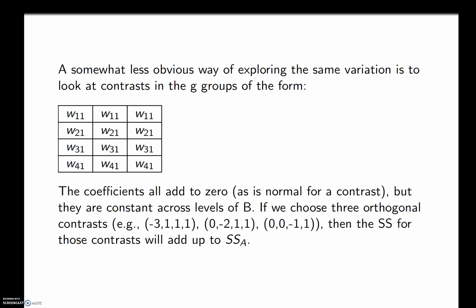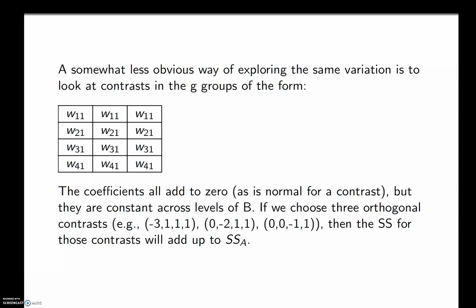We could also look at contrasts across the G groups, and we would organize them in this fashion. So notice those coefficients, W11 up to W41, are all going to add to 0 just like they did before, but they pertain to particular levels of A and particular levels of B. So since all the coefficients do add to 0, we kind of require that for it to be a contrast and not a comparison.